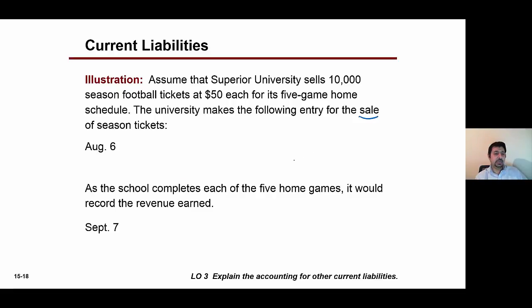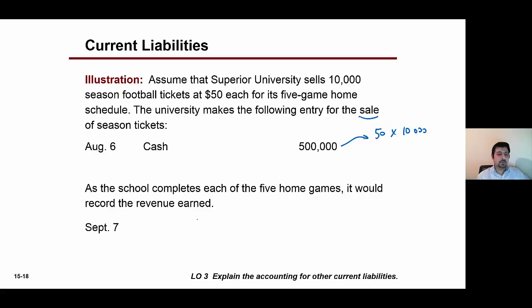The university still did not earn this money because they did not play the games, but at the same time, they have received the cash. So the university made the sale, will receive the cash, and as a result will debit cash 500,000. This is $50 multiplied by 10,000 season tickets.